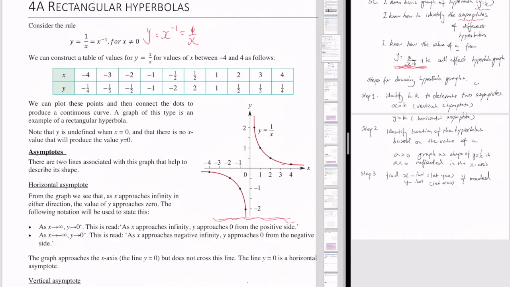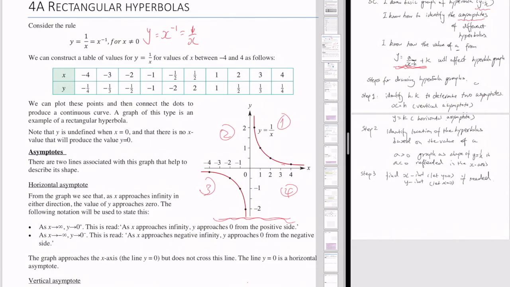This graph of y equal to 1 over x is called a hyperbola. This is the very basic graph of a hyperbola. As you can see, in our Cartesian plane we have 4 quadrants: first, second, third, and fourth. And the basic hyperbola graph is on the first and third quadrant of the Cartesian plane.